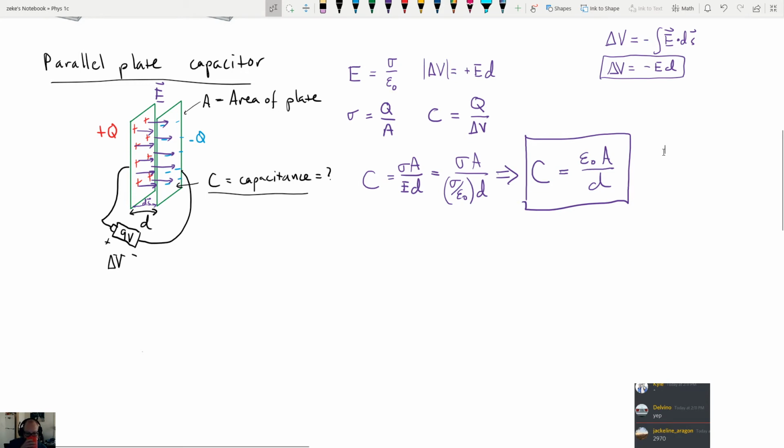So we have a fixed potential difference between these plates. If we're going to bring these plates closer together, I suspect that more charge would be piling up on those plates, because the potential difference is not changing.